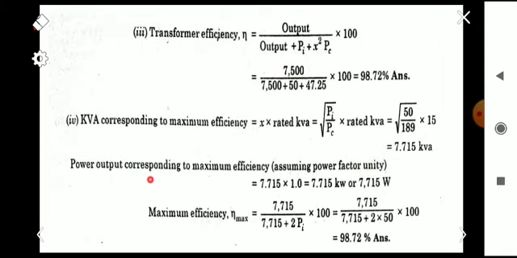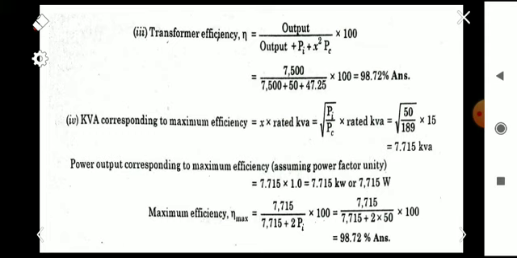So the power output corresponding to maximum efficiency is the corresponding kVA at maximum efficiency, that is 7.715 kVA into 1, where 1 is the power factor, so we get 7.715 kW, that is 7715 watt. And we know that for the condition of maximum efficiency, efficiency is output by output plus losses. Maximum efficiency occurs when iron loss is equal to copper loss.